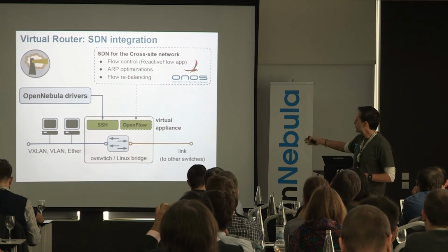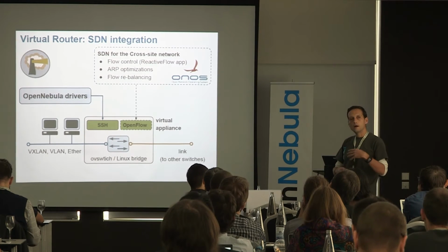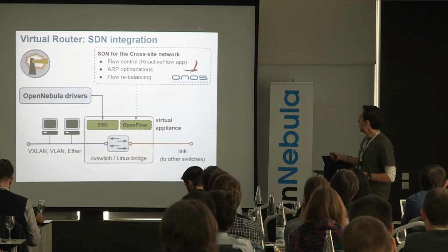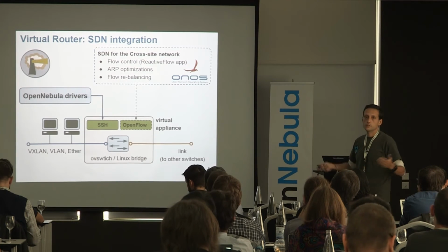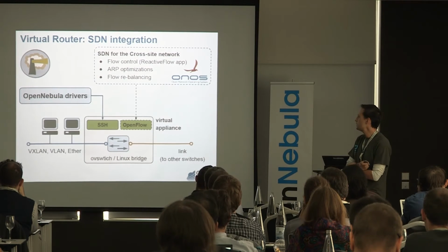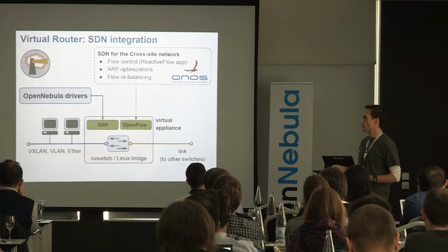If one of these switches goes down, the SDN rebalances the flows and so on. We've been playing with ONOS, which is, I would say, a kind of lightweight SDN controller, and we have prototype implementations of this.